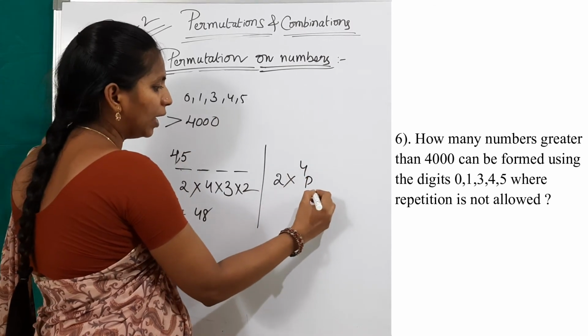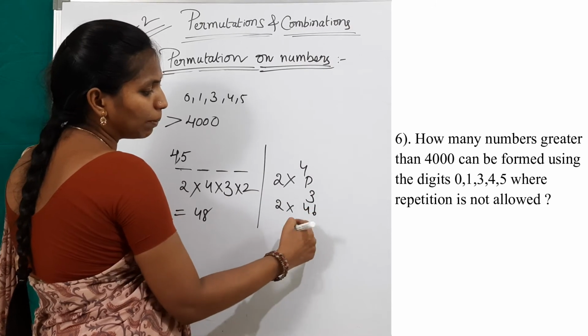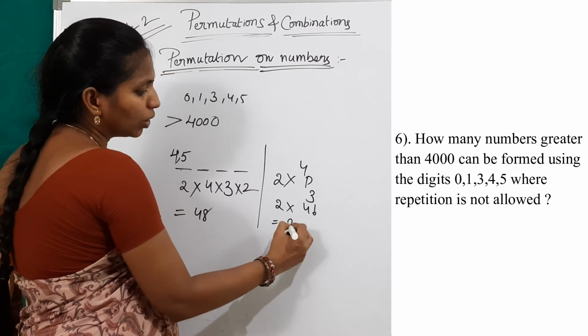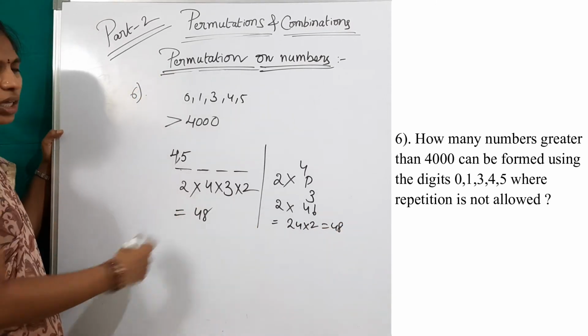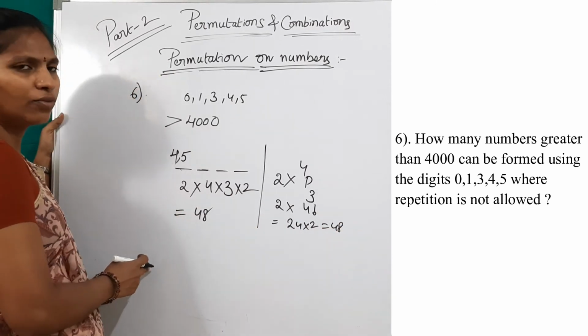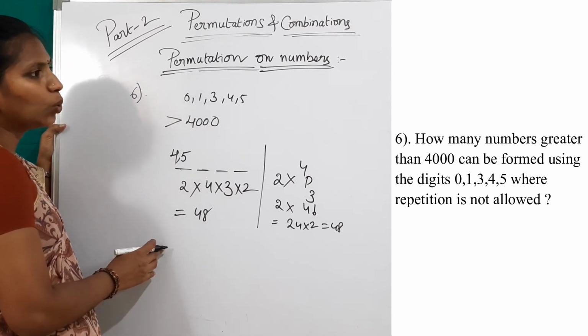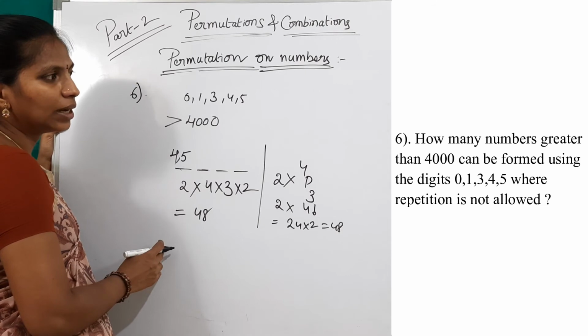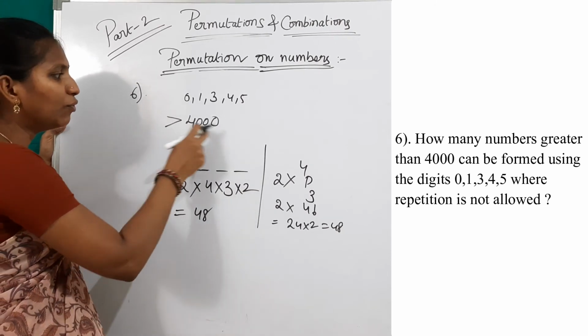So 4P3. 2 into 4P3 means 4 factorial by 1 factorial. 4 factorial means 24 into 2, that is 48. Both are same. Follow any one of these two methods. Okay. Here the question is to find numbers which are greater than 4000.